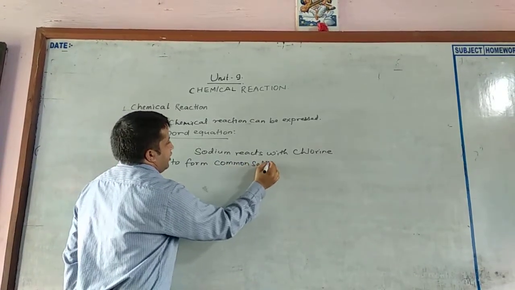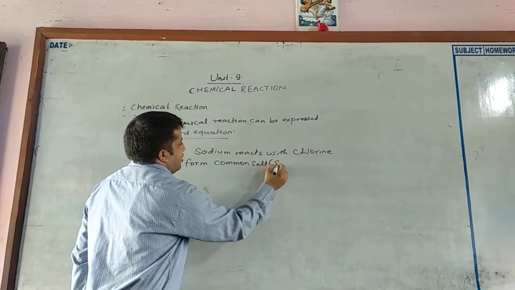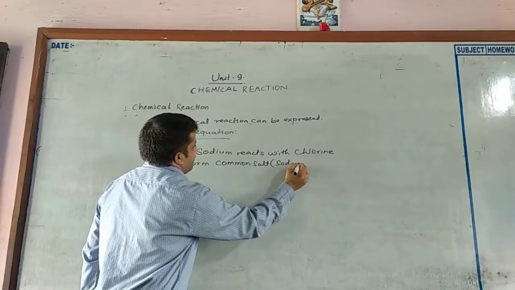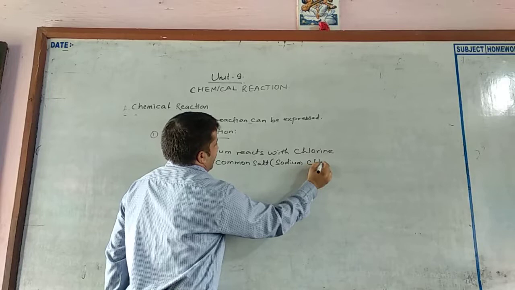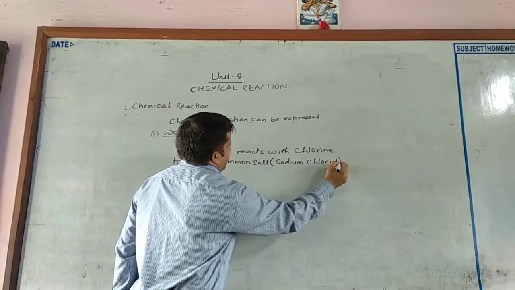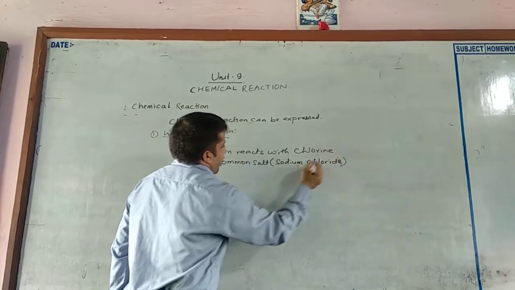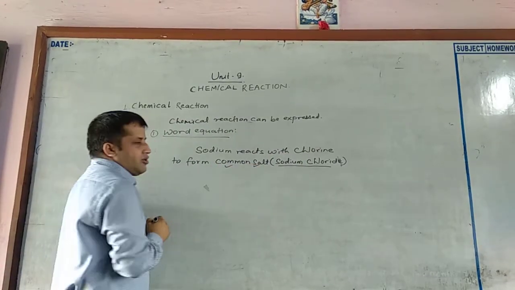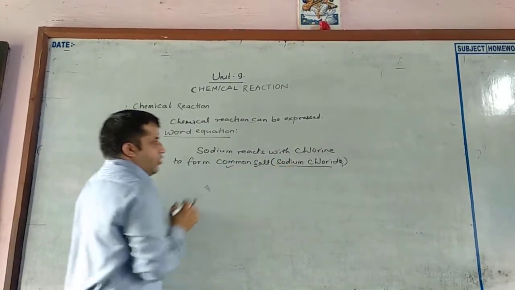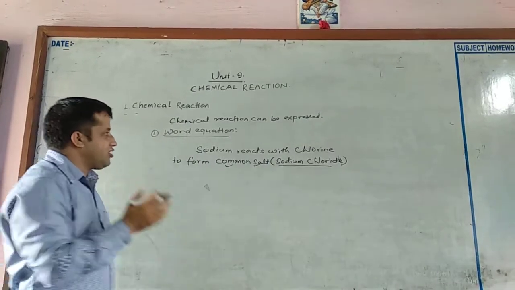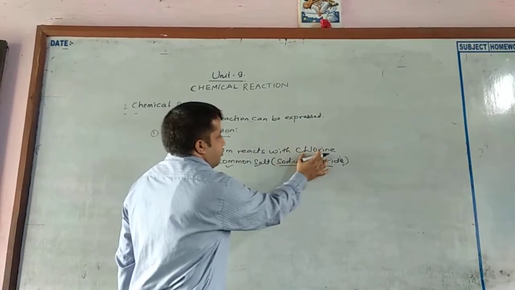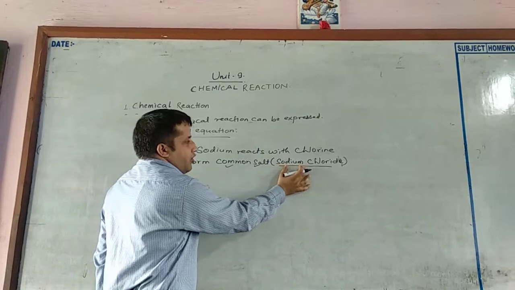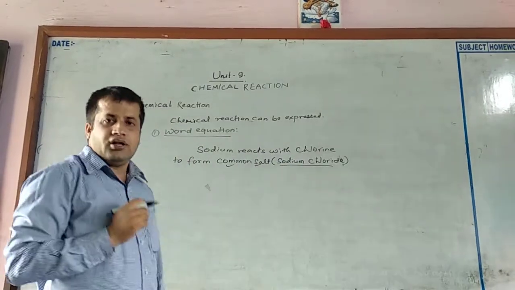What is its scientific name? We call it sodium chloride. Common salt is sodium chloride. So we can say a chemical change has occurred, that is, sodium reacts with chlorine to give sodium chloride.